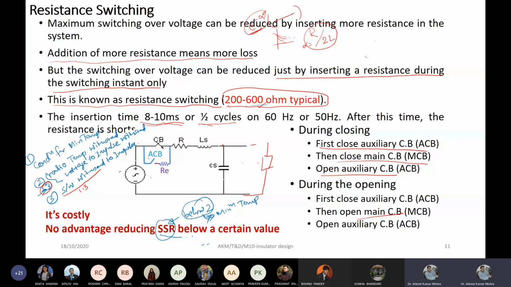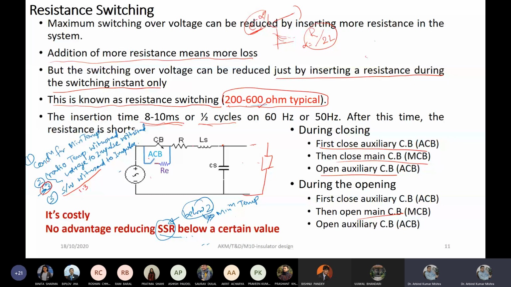So based on that, you can conclude. Just recall your memory for this. One is the condition for minimum temporary voltage, and then you will see that for a solidly grounded system, whatever the temporary over voltage will be, we design an insulator to withstand it.